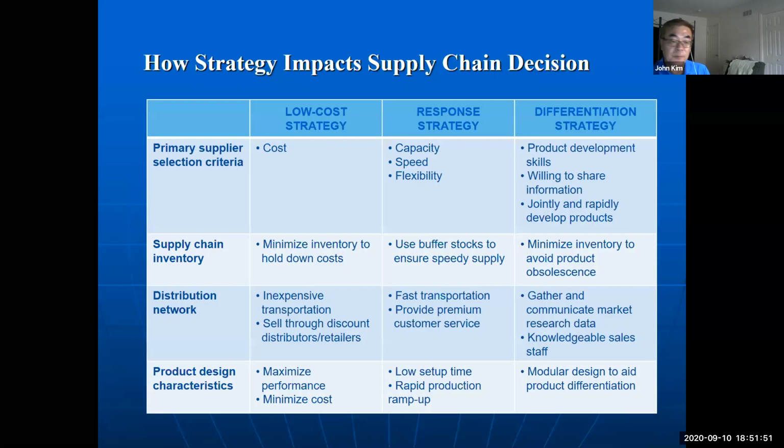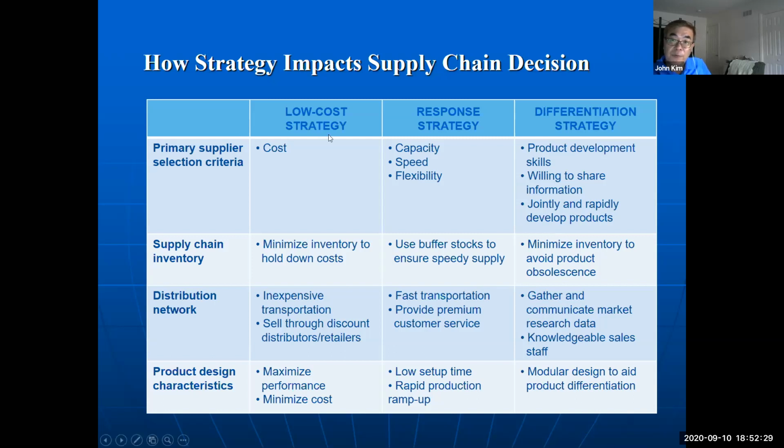And then another, strategy and impact. If a company focuses on cost, making it cheaper or faster or better, then they should use a different strategy, and then how does that strategy impact?